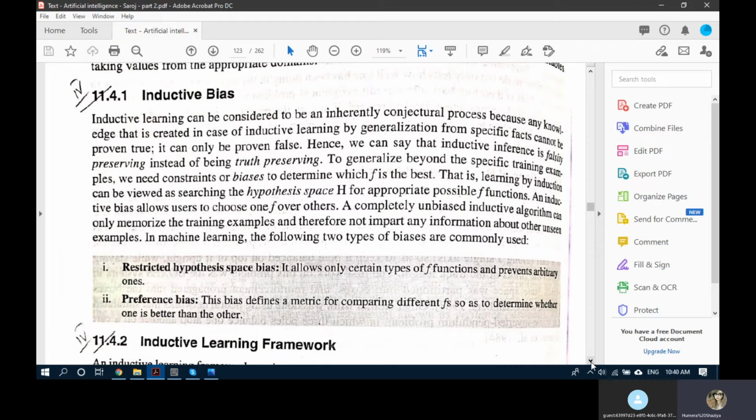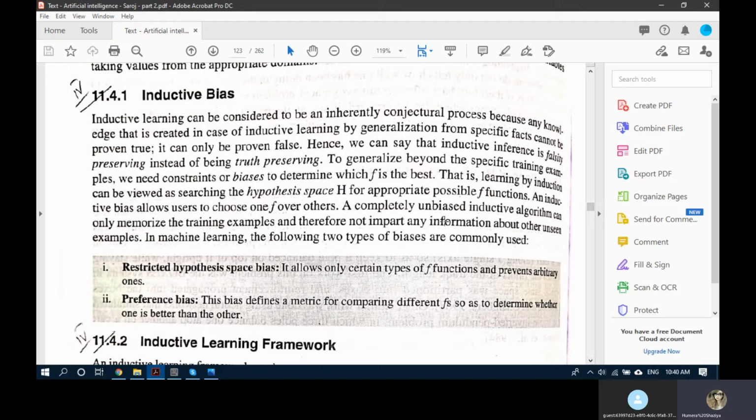You add a bias value, and then this bias and the data instance value together give out a result which is non-linear in nature, and which may be closer to the actual output.